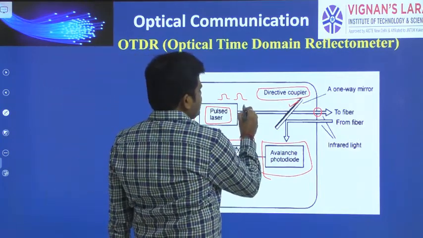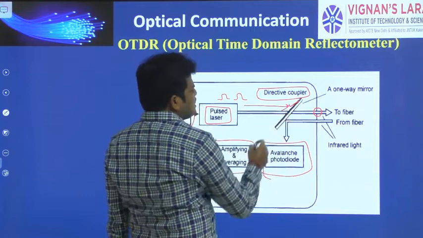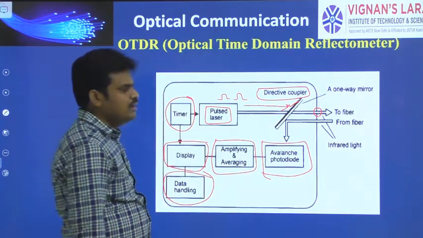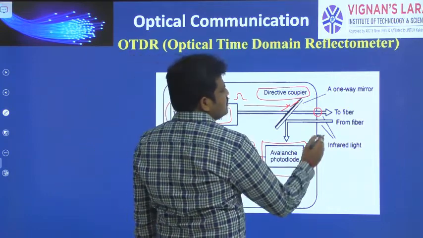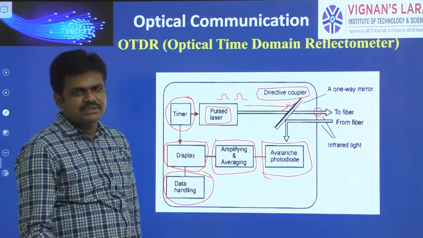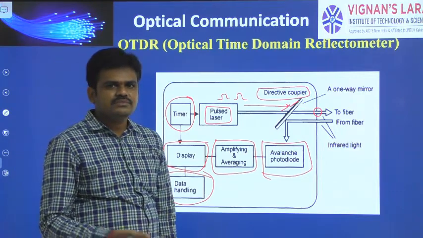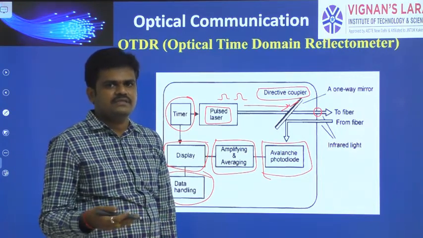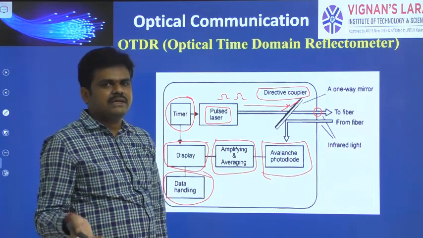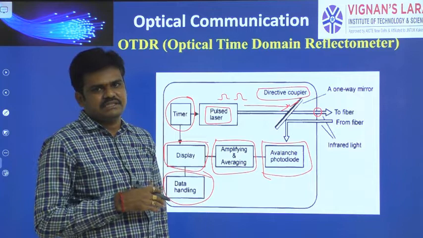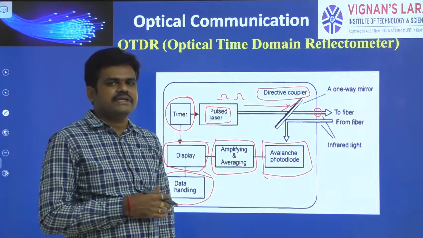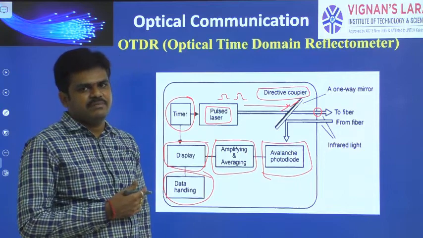The instrument will transmit the laser pulses continuously into the fiber. If there are some air gaps, or breakings at different points, or some connectors, there might be some reflections, meaning some part of the power may get reflected back into the same fiber.